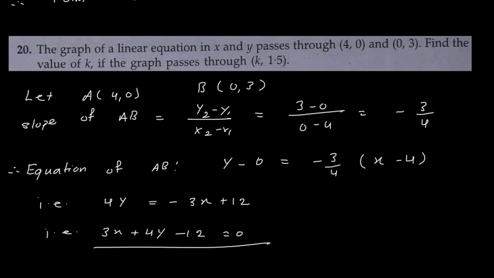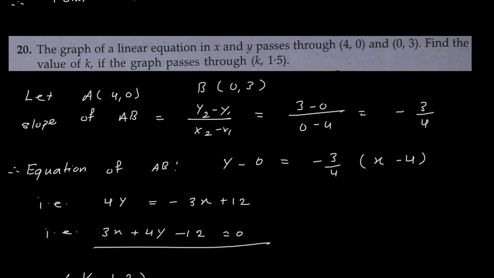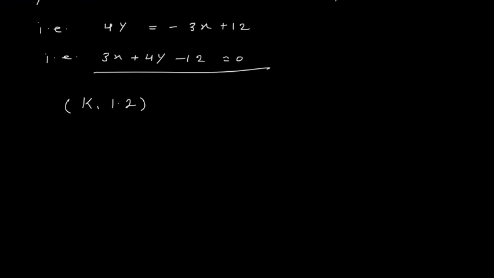Now the point k comma 1.5 lies on the line passing through this equation. Not 1.2, it is 1.5. So k comma 1.5 is a point passing through the line.